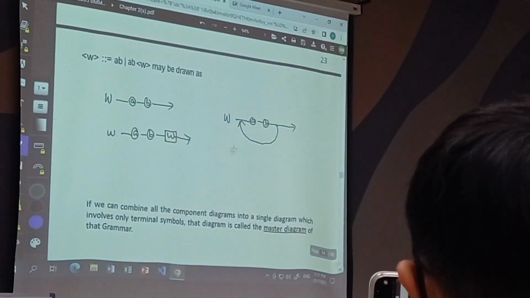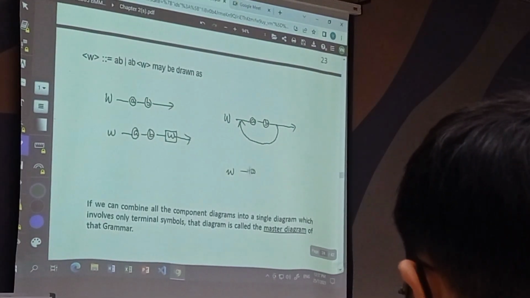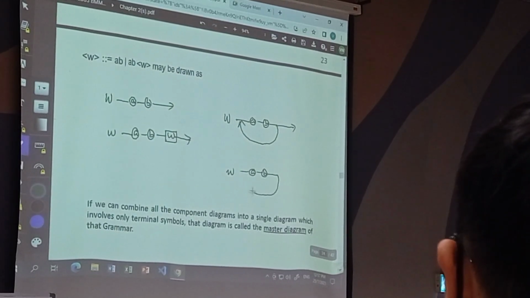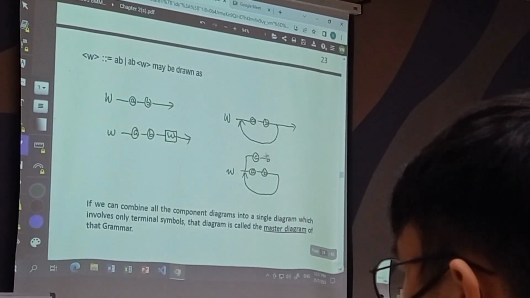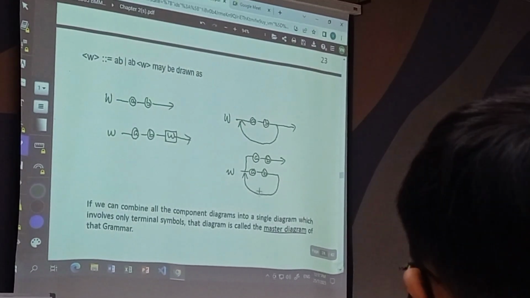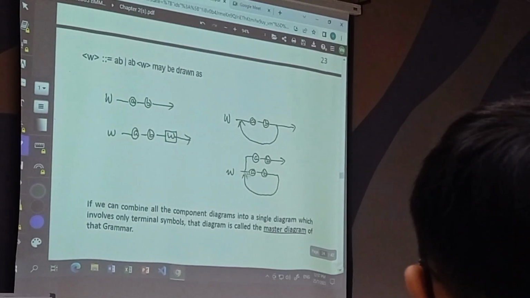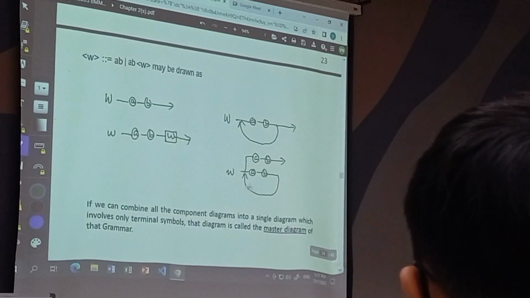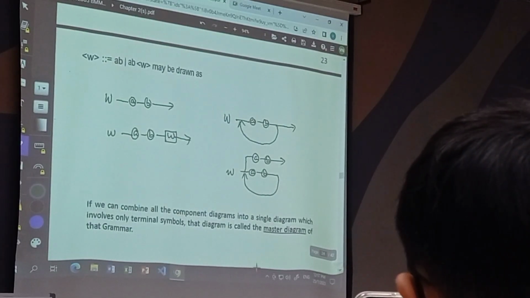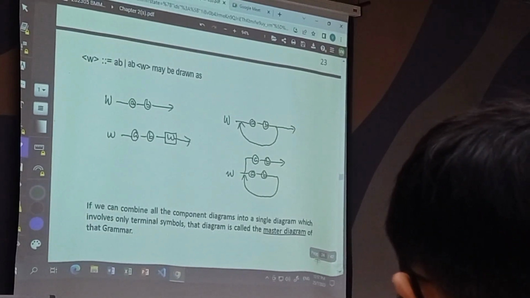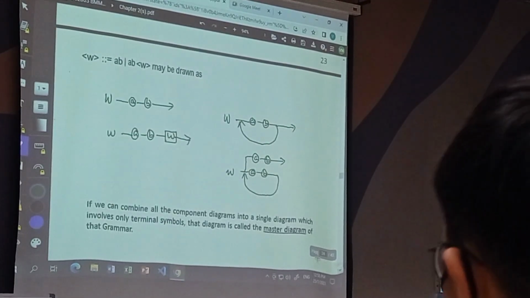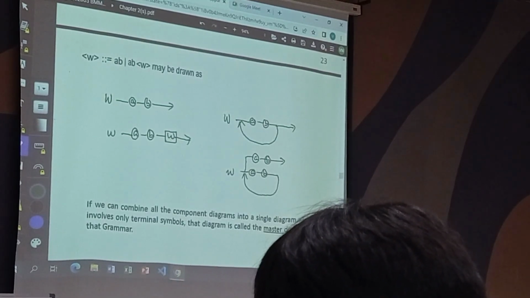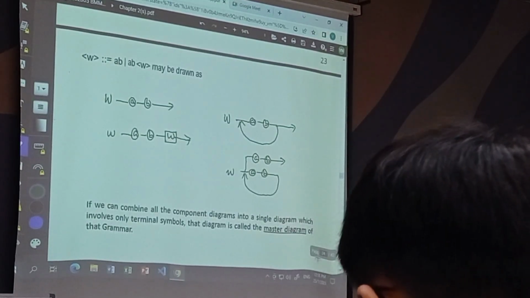You can draw like this, AB, go back to W here, and then here you can draw another AB and go out. It's up to you. The first AB you go out here, and then the second one you go back to the loop W. This is the syntax diagram.